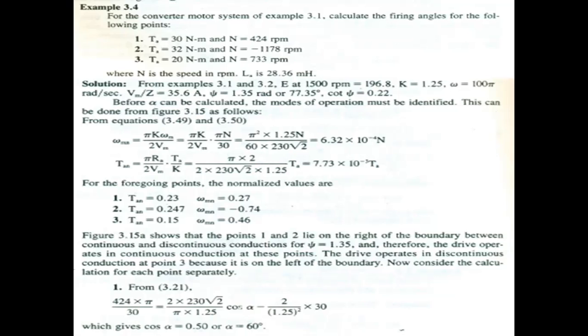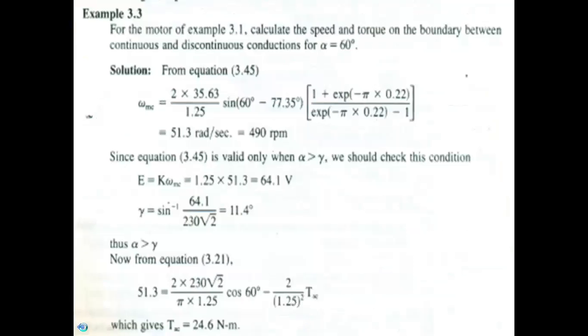That means E at 1500 RPM, N2 is equal to 1500 and N1 is equal to 1500, into 196. I will show you how it becomes 196.